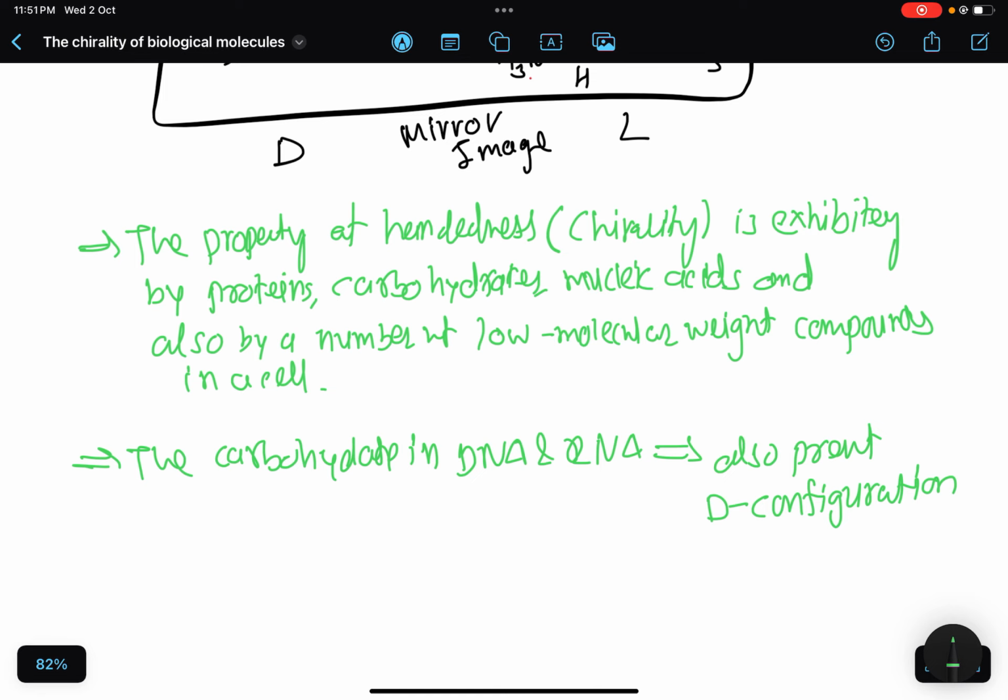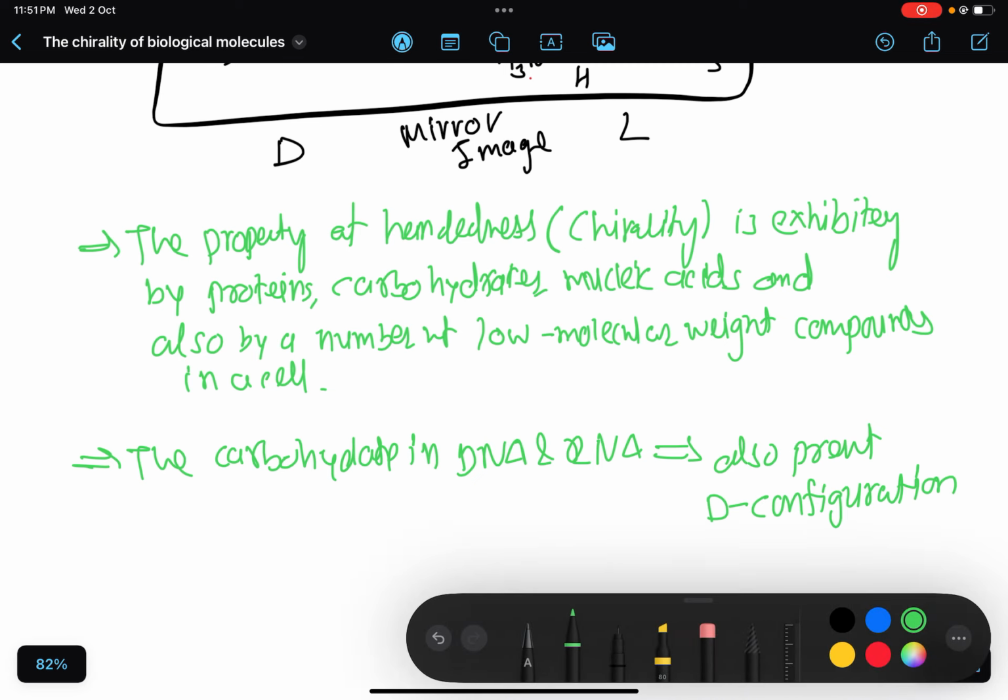Then the resolution of a racemic mixture. What is a racemic mixture?